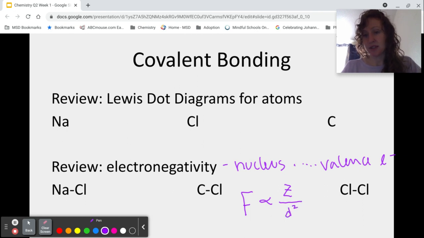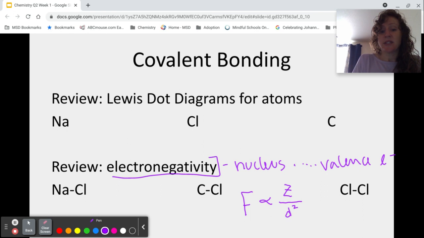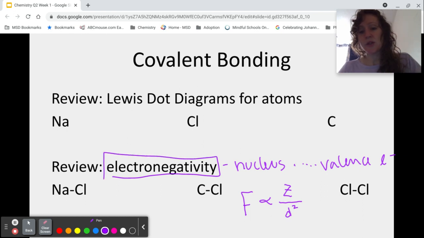So as distance goes up, the force of attraction goes down. Okay, so electronegativity is one of those things where you should be able to look at a periodic table and tell me which elements are more electronegative and which elements are less electronegative. And this is actually one of the driving factors of covalent bonding.